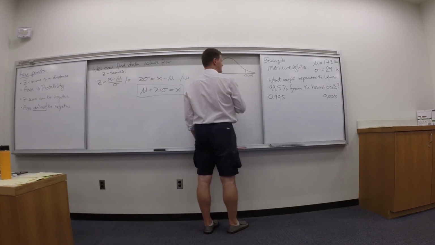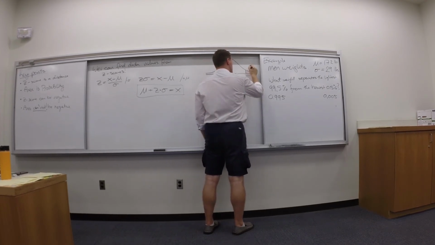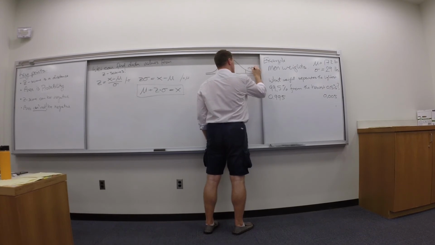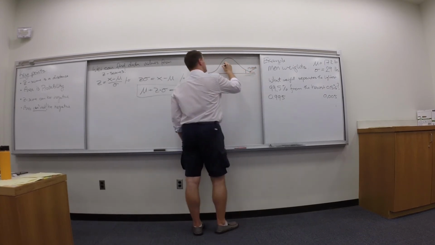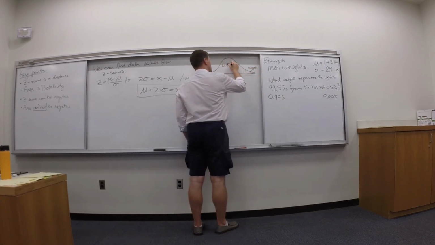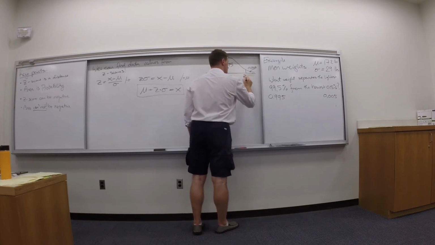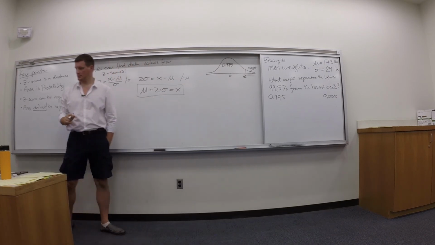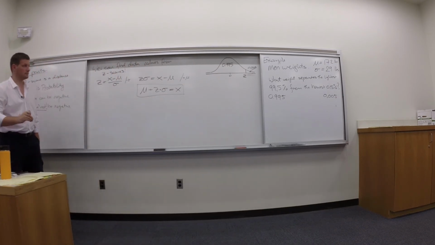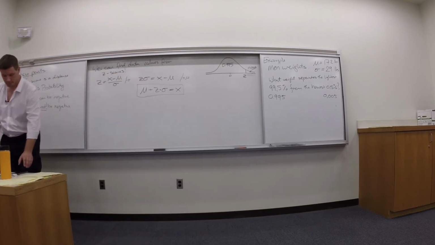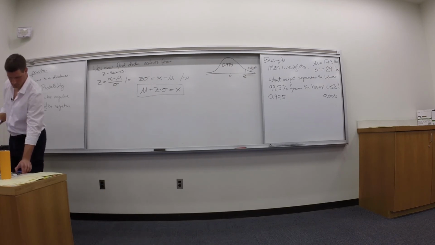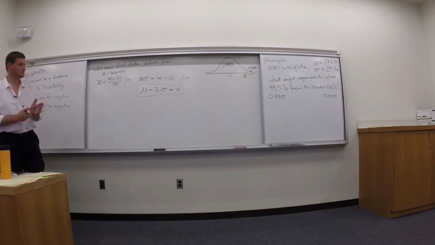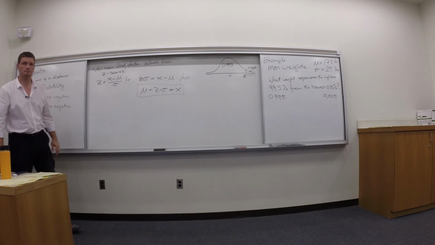This area is 0.005, and this is 0.995. So what's the z-score?